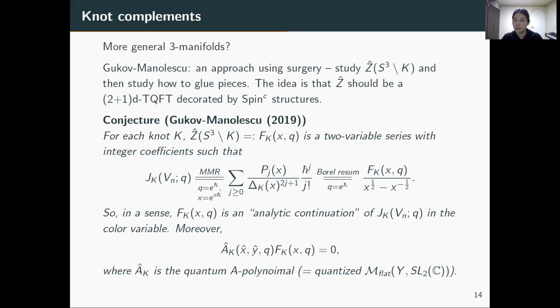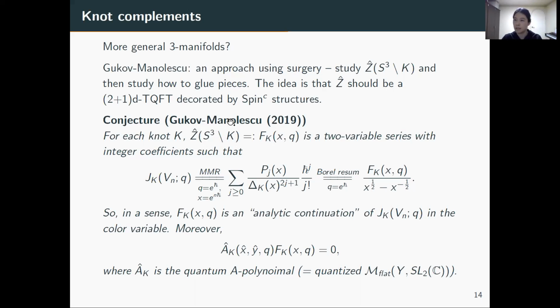Another way to think of this x variable is from the context of complex Chern-Simons theory.